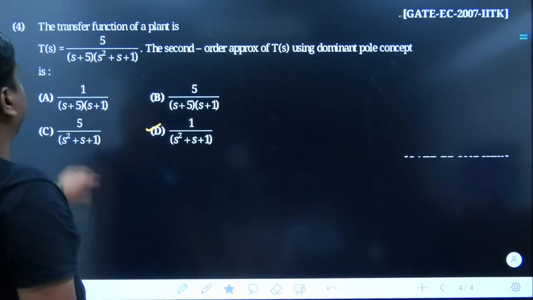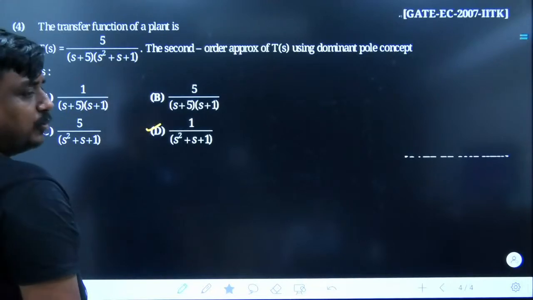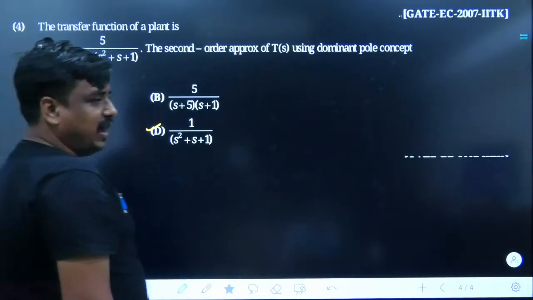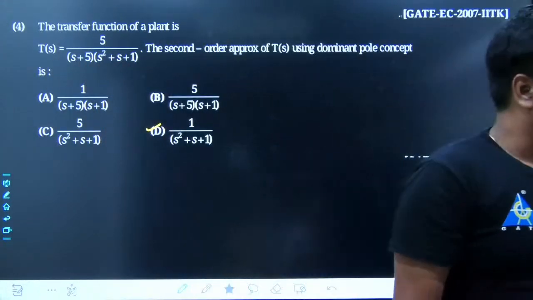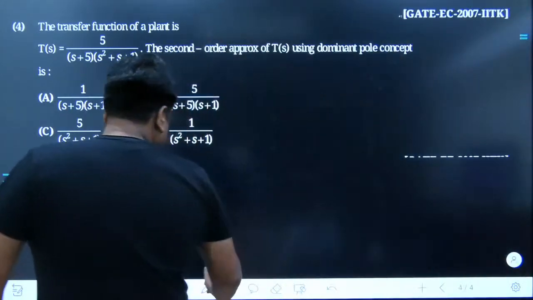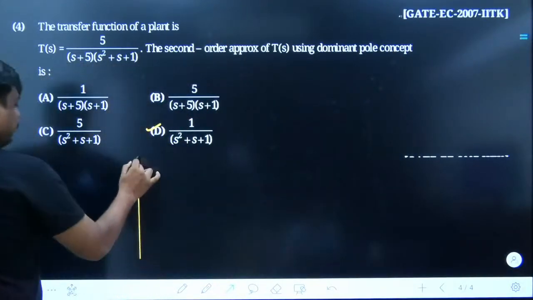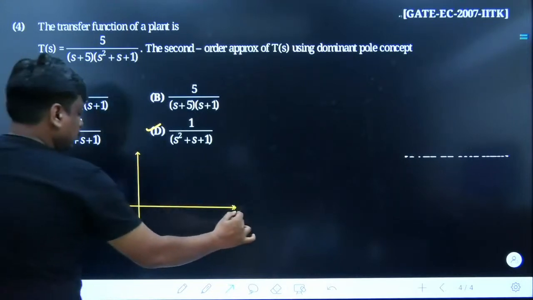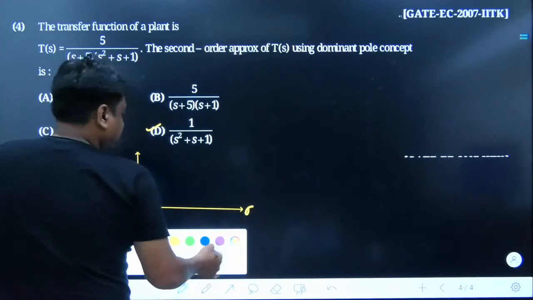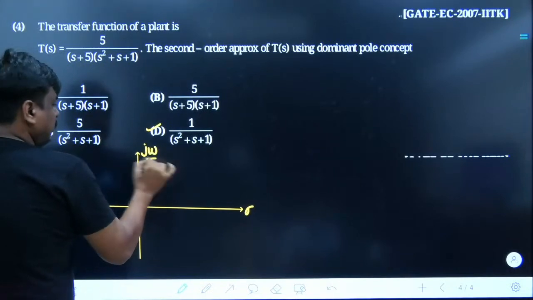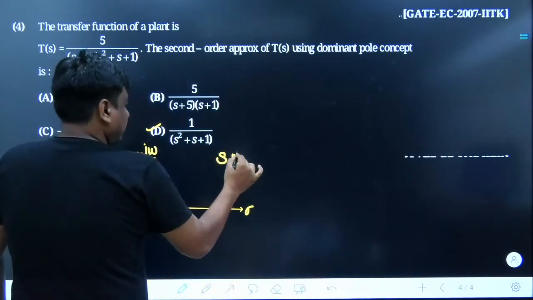Once you start locating the exact locations of the poles, let me do one thing: let me draw an S-plane, with the real axis and the imaginary axis.